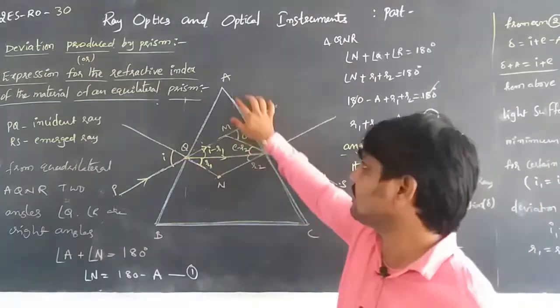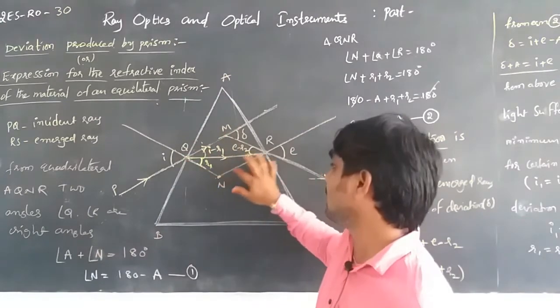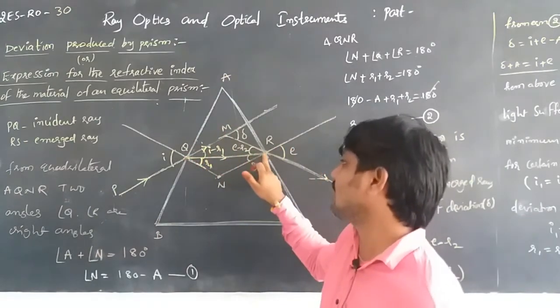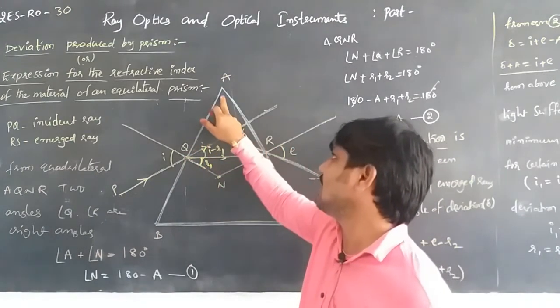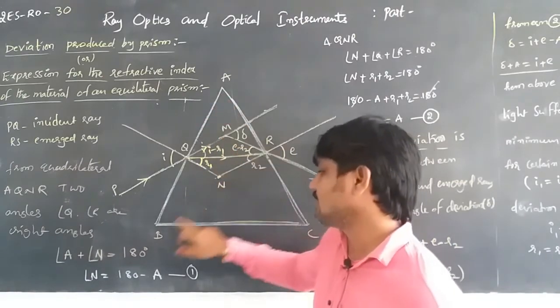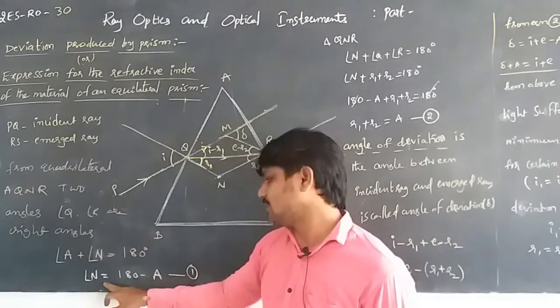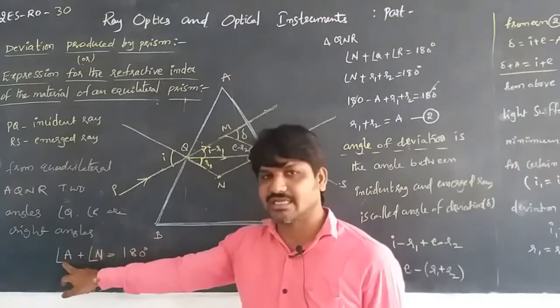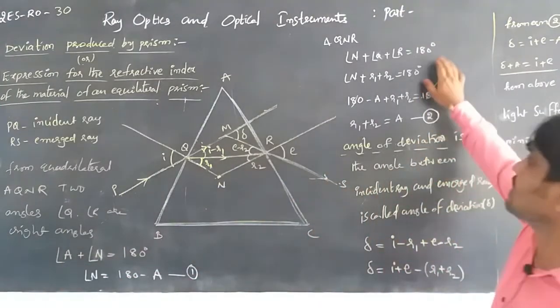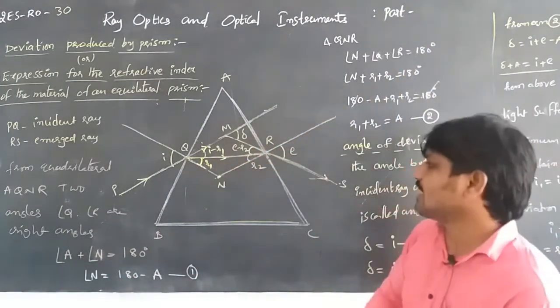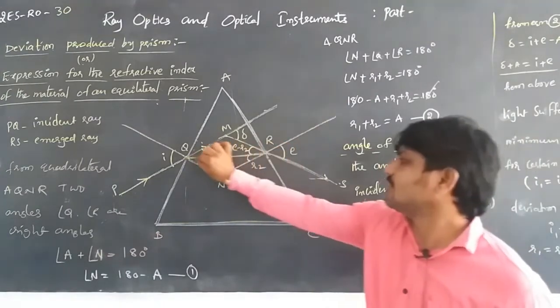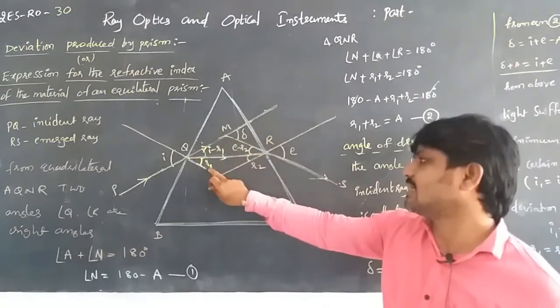Then from the quadrilateral AQNR, the angles at Q and R are right angles, so angle A plus angle N is equal to 180 degrees, so angle N is equal to 180 minus angle A. Then, from the triangle QNR, the refracted angles are there.